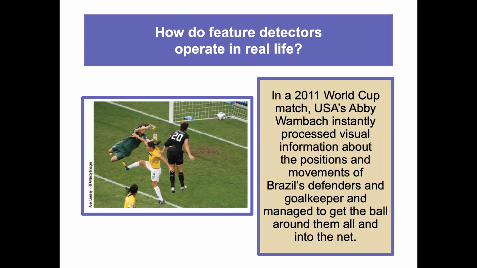Her skills to be able to, in the air, see and detect everything going on and accurately redirect the ball and score so many goals via headers was unbelievable. And she was able to instantly process visual information about the positions and movement of Brazil's defenders and goalkeeper and managed to get the ball around them all and into the net. So she had some of these supercells going on for sure.